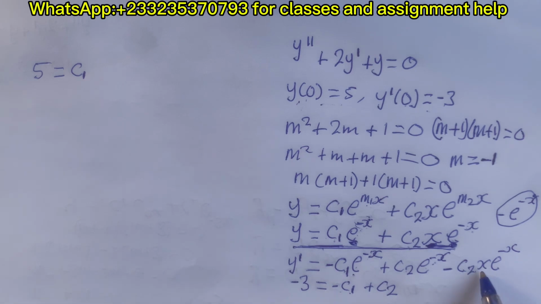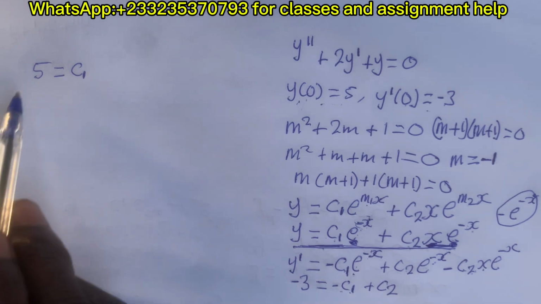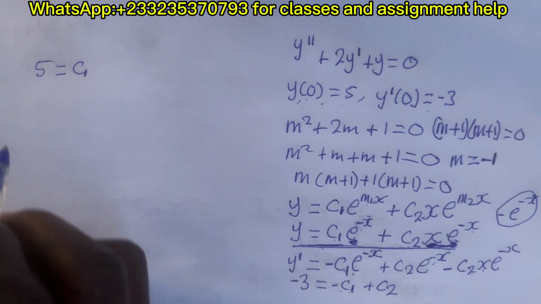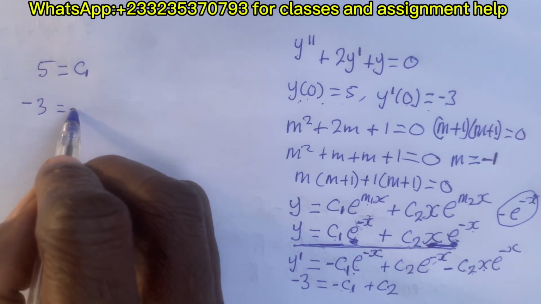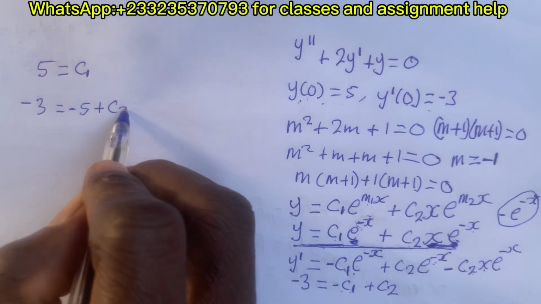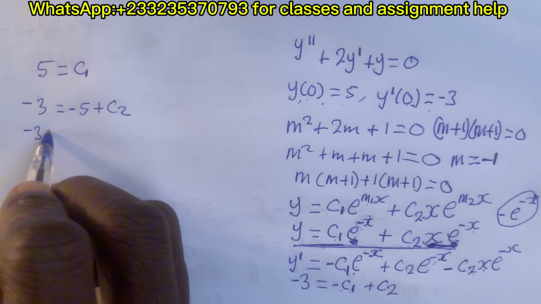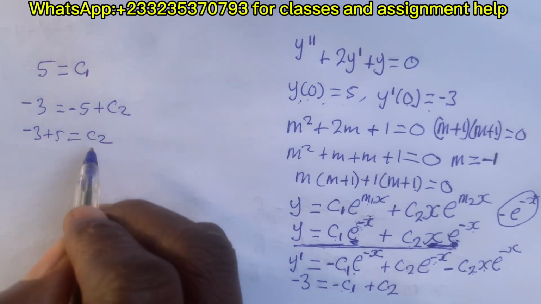Here, if I put x equals 0, 0 times everything will be 0. Here I have c1 to be 5. So this will give me negative 3 equal negative 5 plus c2. Negative 3 plus 5 equal c2.